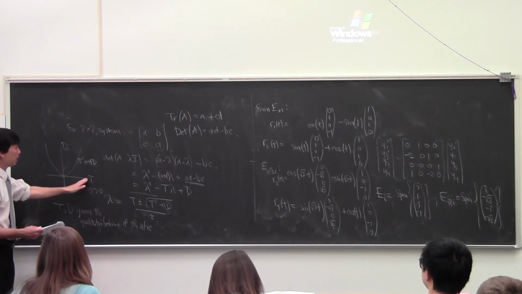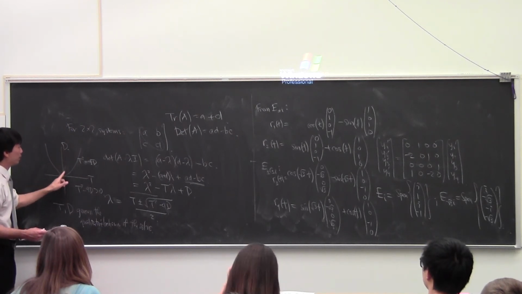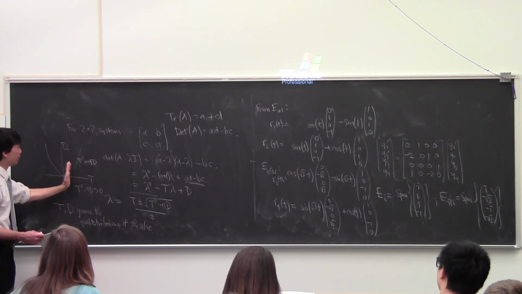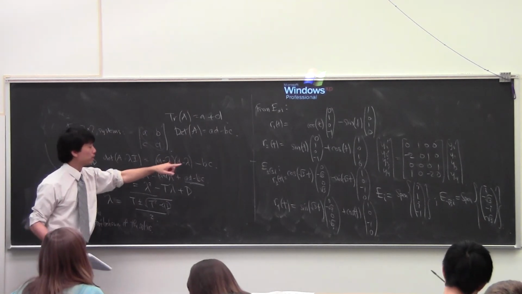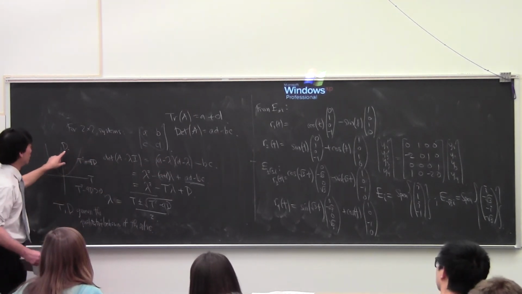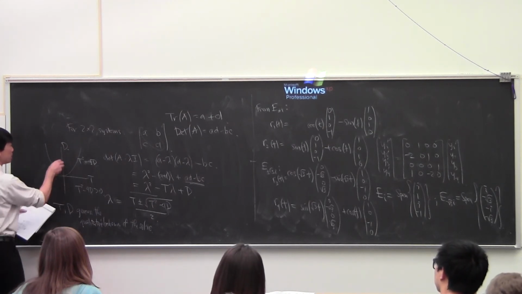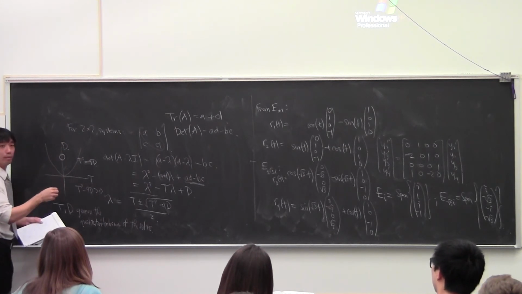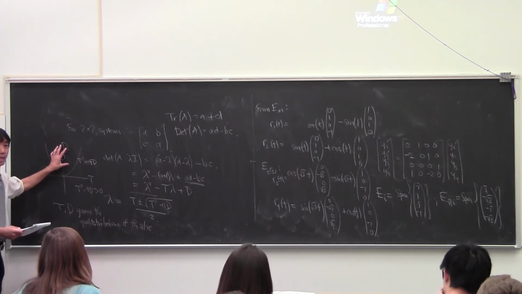And if the trace is 0, that means the real part of the eigenvalue is 0. So at least above here, if we're on this part, you just get spinning around in circles, where the solutions spin around but there's no change in magnitude.